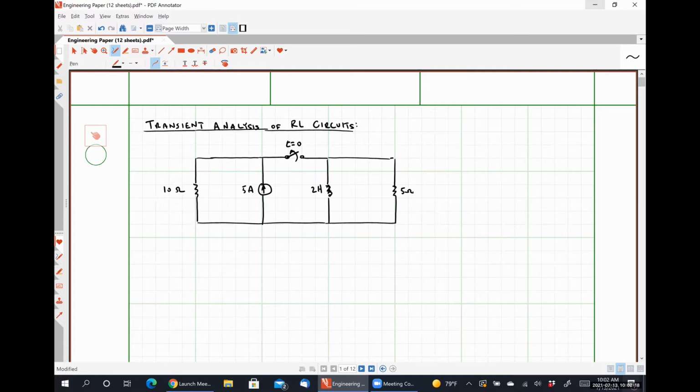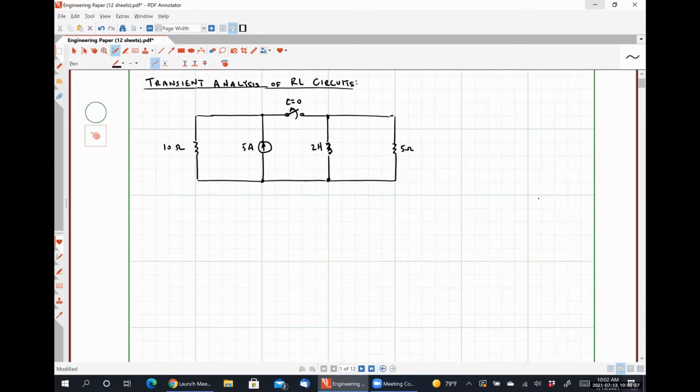This switch, as I have drawn it, is opening at a specific point in time, and opening that switch causes the 5 amp current source to be removed from the 2 Henry inductor and the 5 ohm resistor on the right hand side of the circuit. So immediately prior to that switch being open, this is a simple DC circuit, and our analysis techniques that we've learned to this point are perfectly reasonable, right?